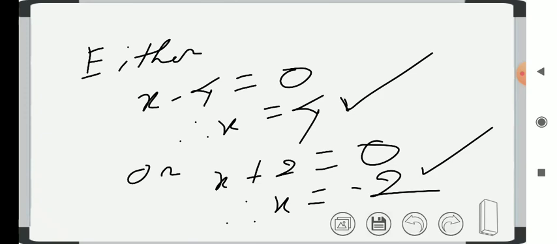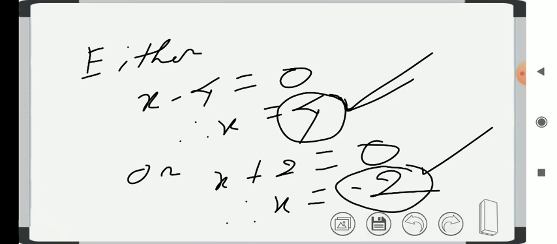If we substitute 4 in the polynomial given in the question, we will get the answer 0, so this 4 is called a zero of the polynomial. Also, if we substitute minus 2 in this polynomial, we will get the answer 0. So minus 2 is also a zero of the polynomial. So this is the first part of exercise 2.2 question number 1.